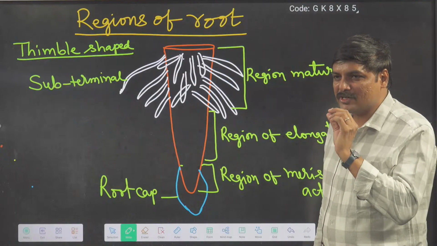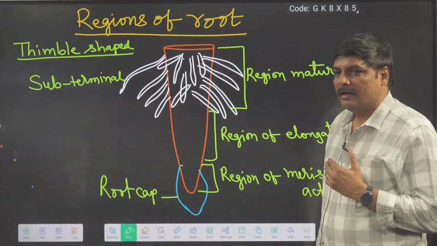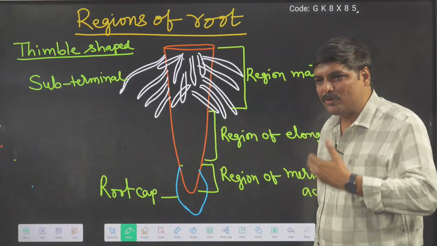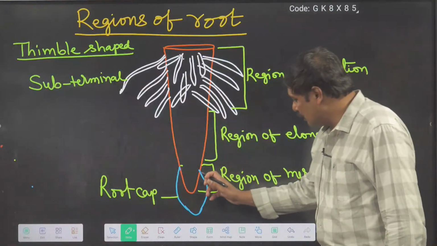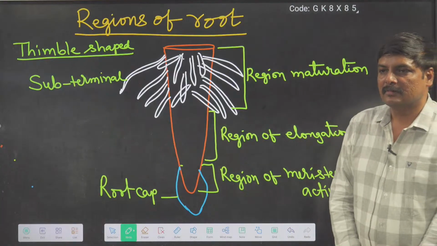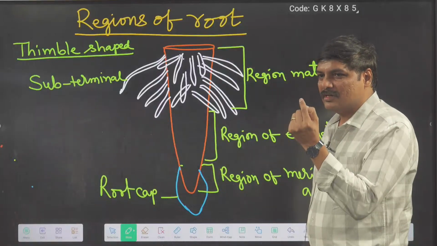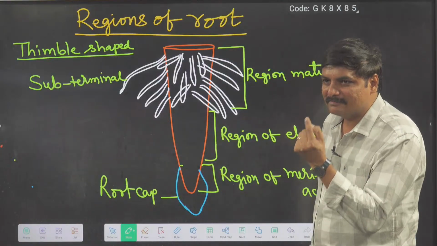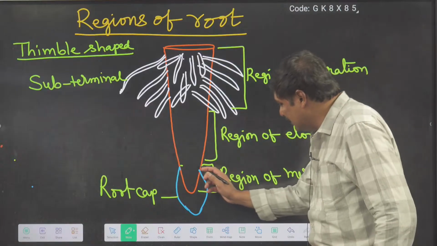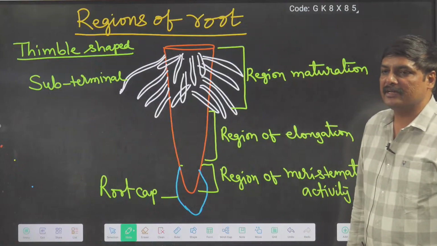The function of these cells is to repeatedly divide and form new cells. It is approximately 1 millimeter in length, and this part is called the region of meristematic activity.